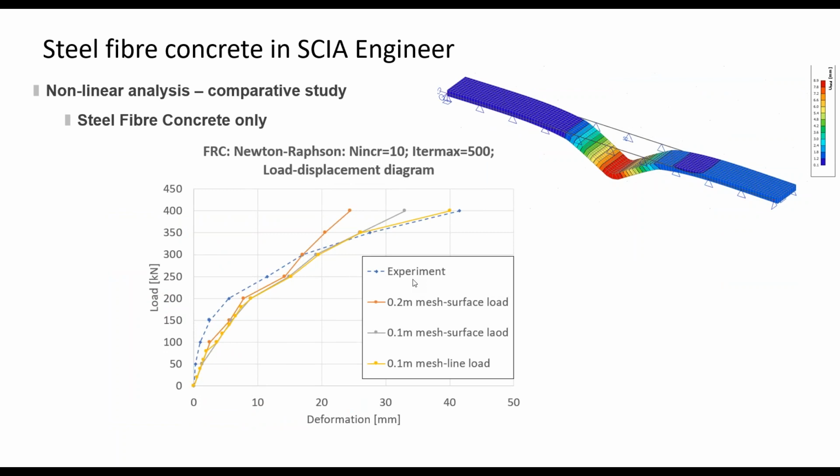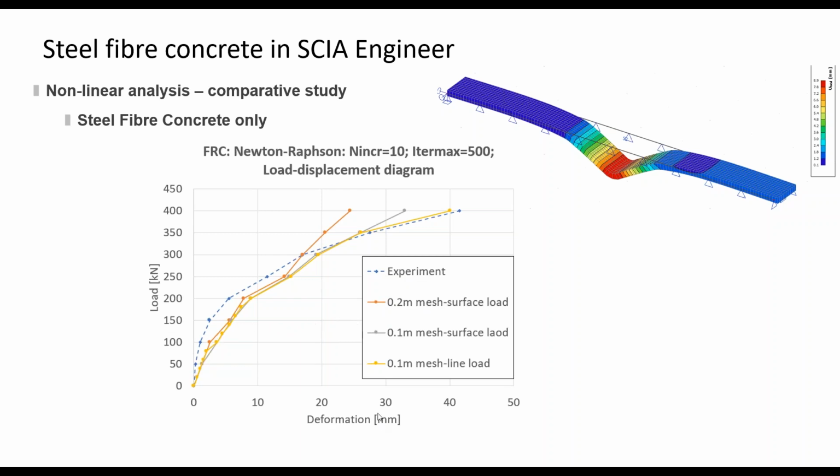In SCIA Engineer, we made a lot of tests to be sure that the method we use for the physical nonlinearity is correct and gives a result close to reality. Also, we studied the influence of changing the mesh size on the result.